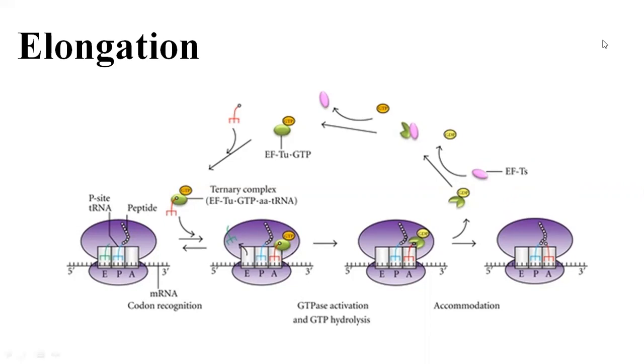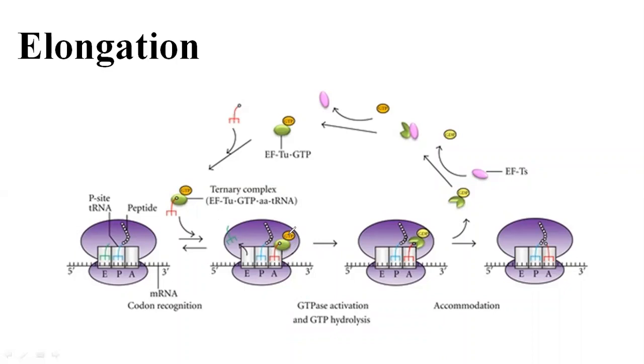Now this elongation factor Tu GTP complex is going to attach with the tRNA. They are going to form the EF-Tu GTP aminoacyl-tRNA complex, and they are going to attach with the A position.